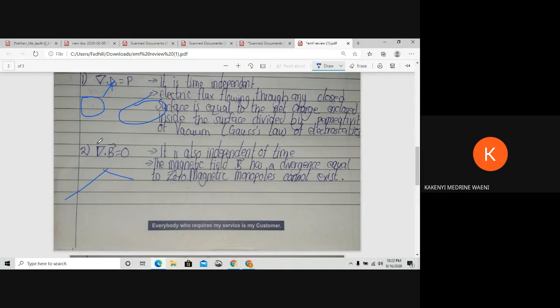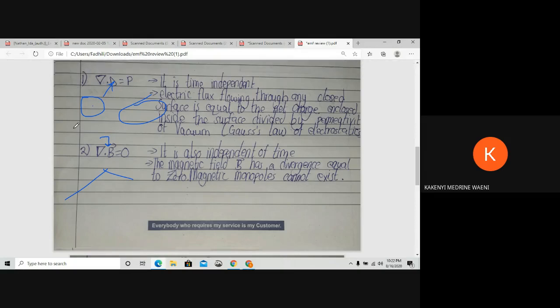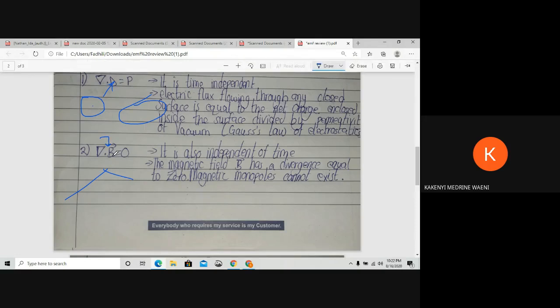this one, some YouTuber was saying how the divergence is usually for a point. So now, for the magnetic field, they exist not as single things but as a pair.